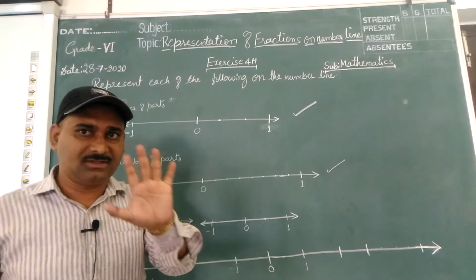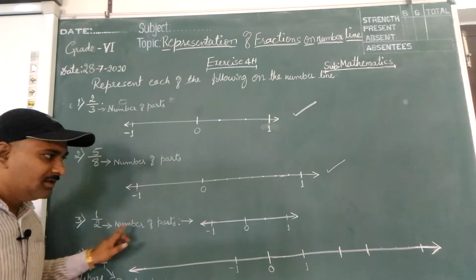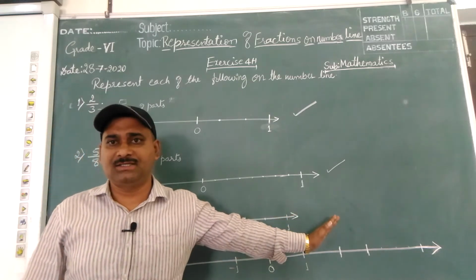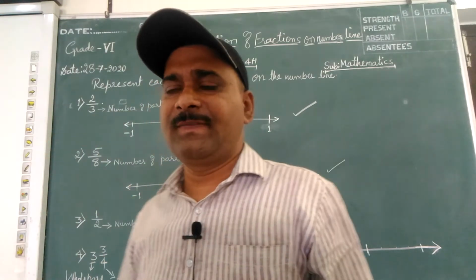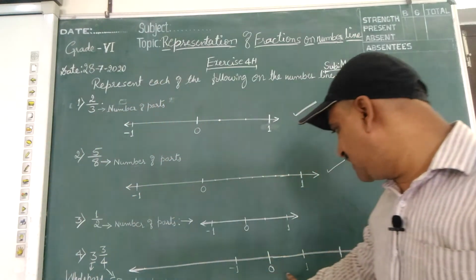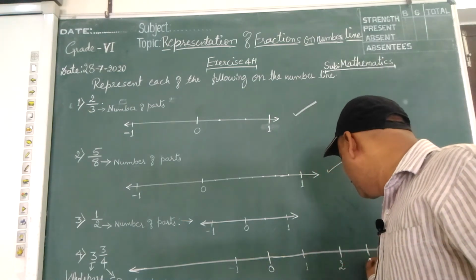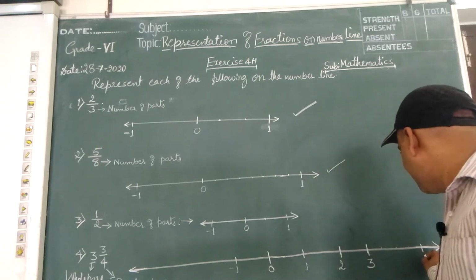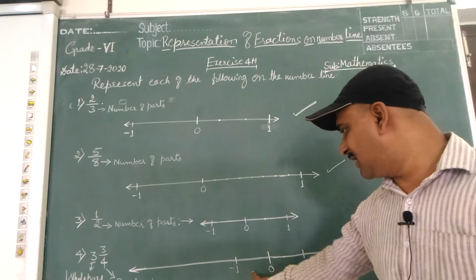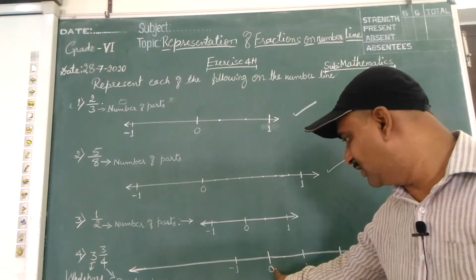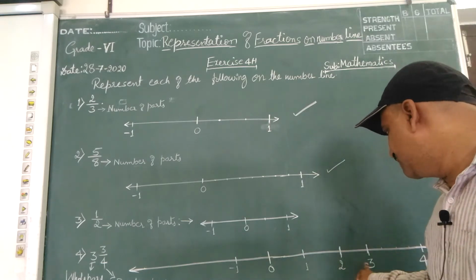That is confirmed. And the third one is also less than 1. 1 by 2 is less than 1. Here also you are not allowed to write 2, 3, 4. Not required. Simply it confuses. Only in the last question I have written here, children, 1, 2, 3, 4. Only in the last number line, left side of 0, negative numbers will be there. 1, 2, 3, 4.